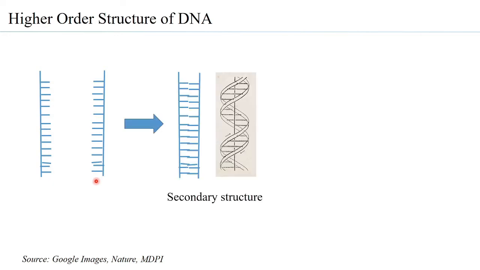When these two strands of the DNA come together to form a double helical structure, because of the hydrogen bonding between the complementary base pairs, that is what is equivalent to being a secondary structure. This secondary structure takes up the double helical form because it is in this form that it is thermodynamically stable, or it forms spontaneously.